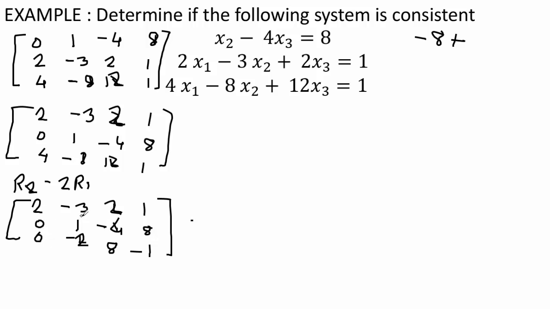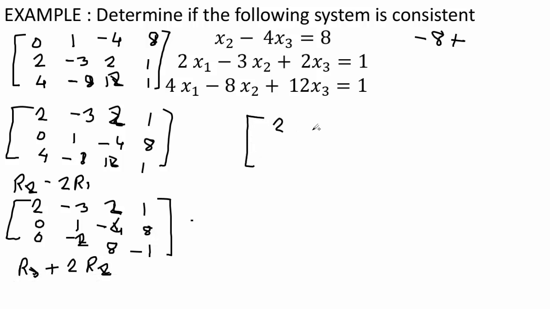Now, make this a22 element, that is second row, second column, 1. This is 1, no need to do any operation here. Then, by using this one, try to make this 0. For that, you have to use R3 plus 2 times R2. First and second row will remain as it is.